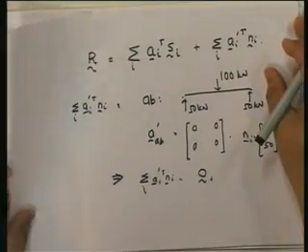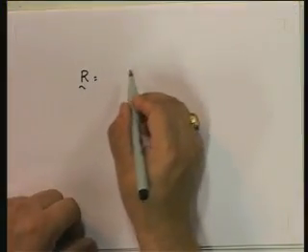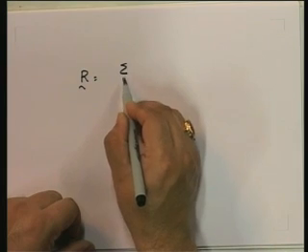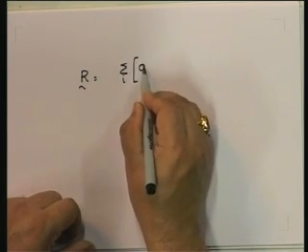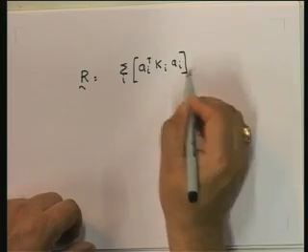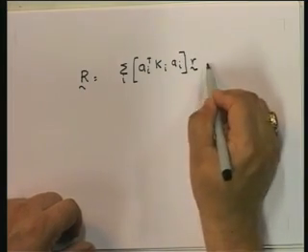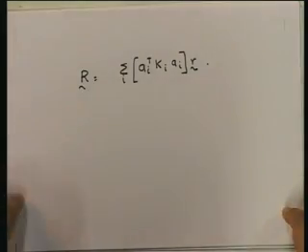Now what we need to do is look at the other terms. If we look at it, we get R equal to the summation of A_i transpose K_i A_i into R, and the other term is 0.